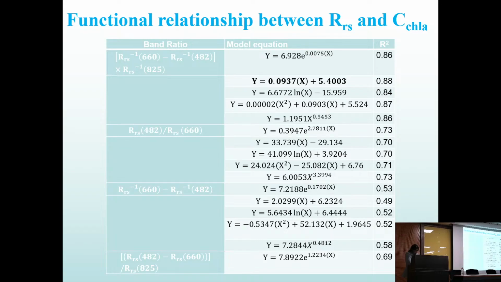One is for chlorophyll content, because chlorophyll is used as a proxy of food for flamingos, okay. So if you measure the chlorophyll concentration, you directly know the food availability for your flamingos, okay.